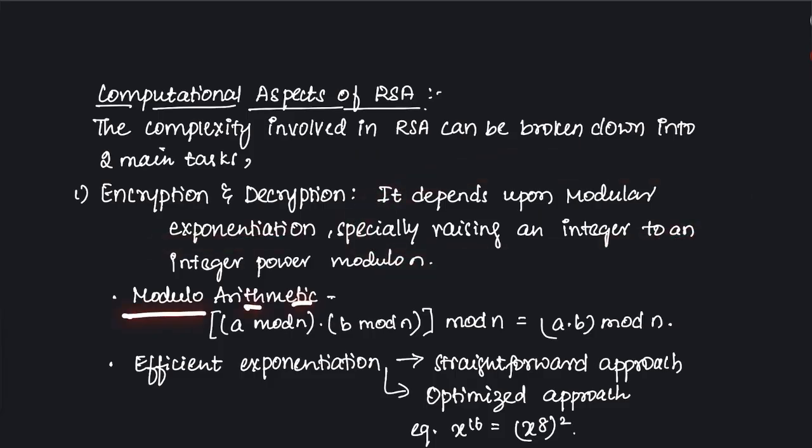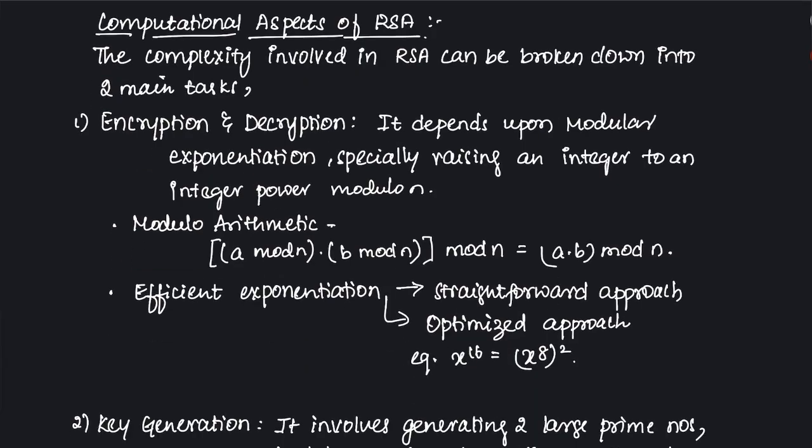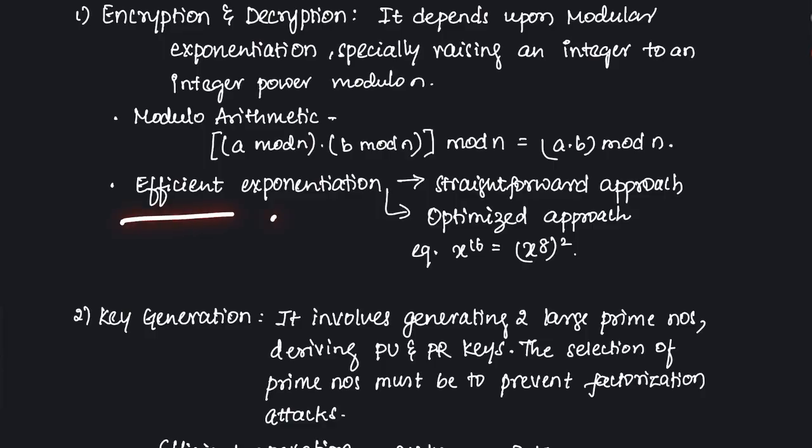Then we have modulo arithmetic, that is a mod n multiplied by b mod n, mod n, would give a into b mod n. So this means that we can reduce the intermediate results modulo n, making computations feasible despite potentially large exponents. Next we have efficient exponentiation.